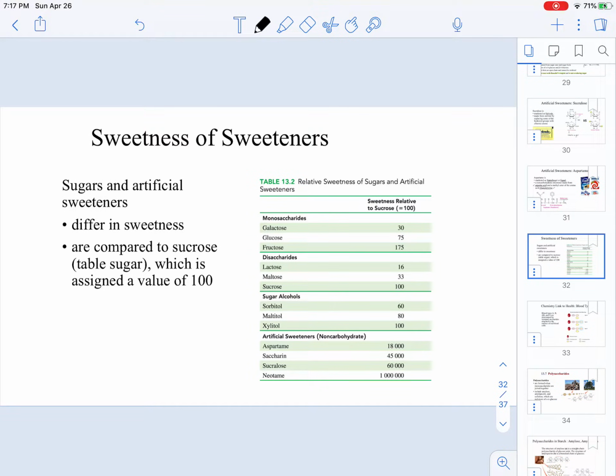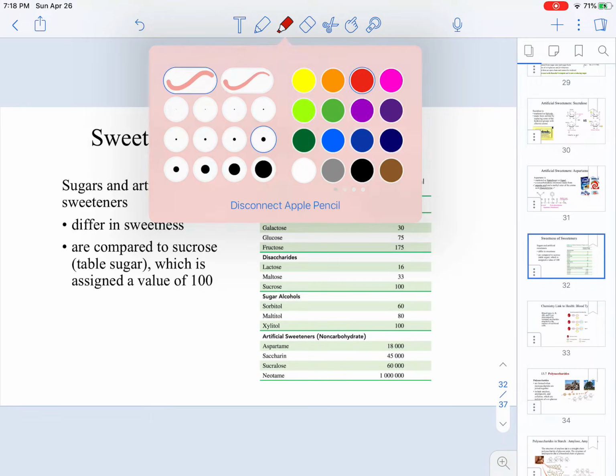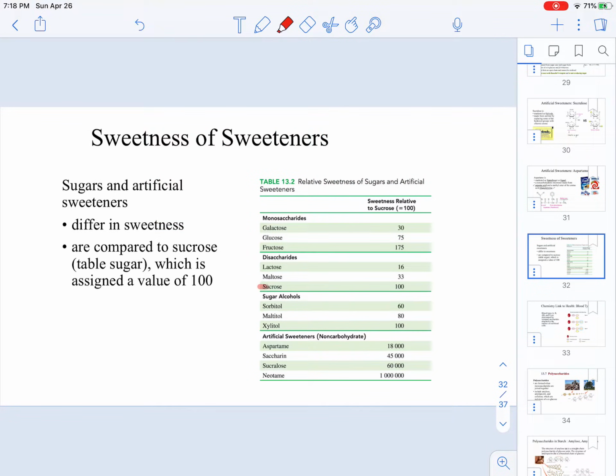If we compare different monosaccharides or disaccharides or even sugar alcohols to table sugar, how does that affect the sweetness level? So let's say that we consider that the sweetness level, and I'm just going to highlight it in red, for sucrose, which is table sugar, is 100. The only monosaccharide or disaccharide that is sweeter than table sugar is going to be fructose or fruit sugar.